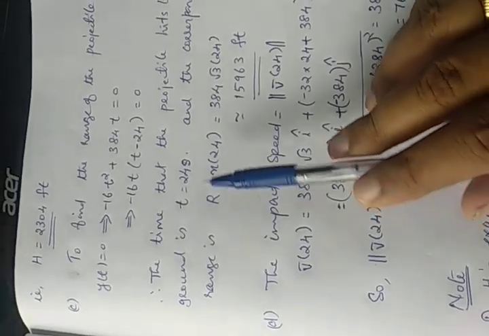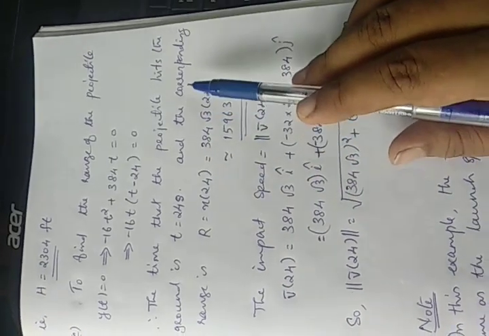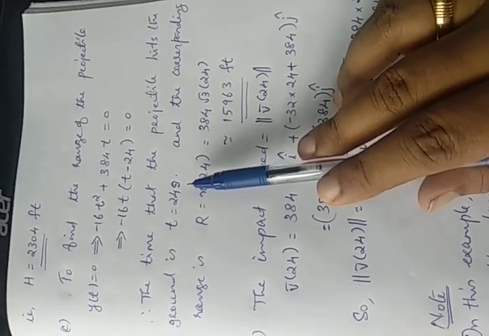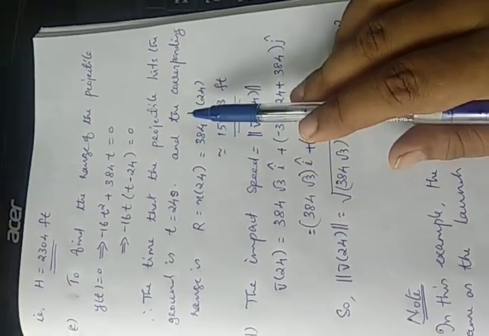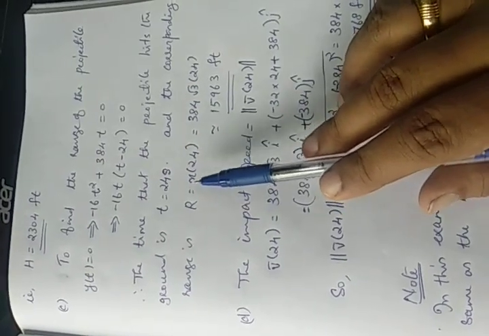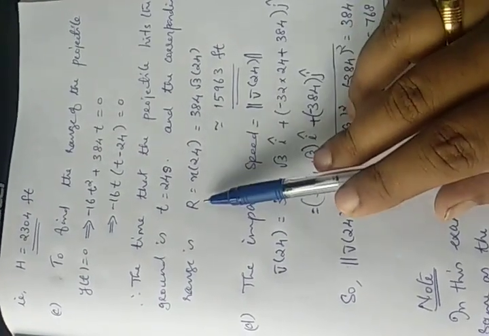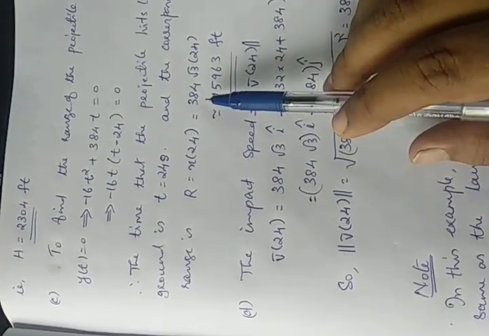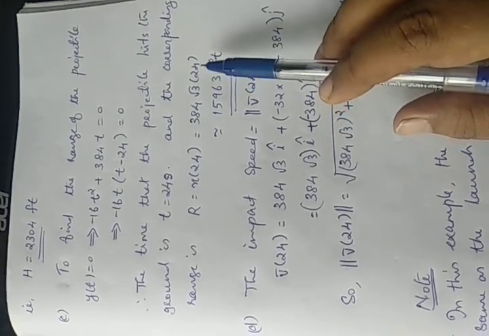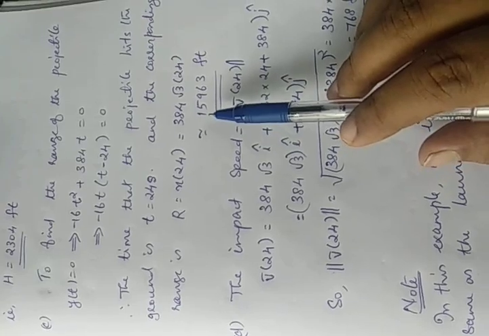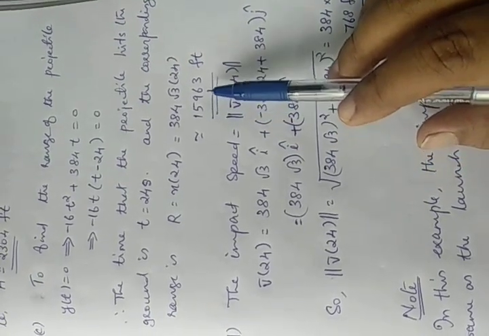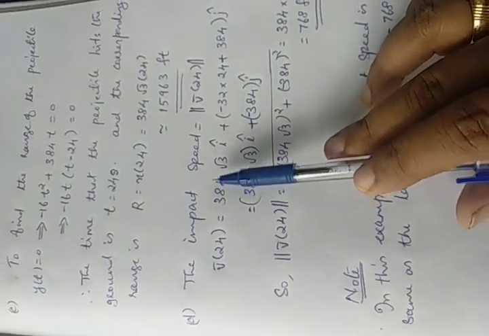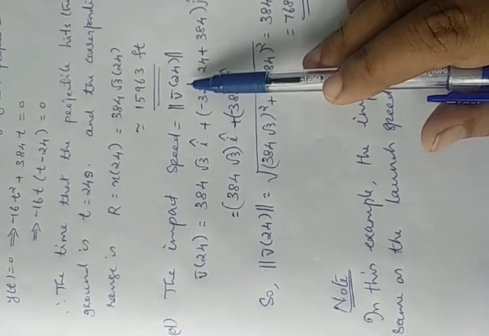So the time at which the projectile hits the ground after launching is t equal to 24 seconds, and the corresponding range is x of 24. We denote the range by R. So R is equal to x of 24, that is 384 root 3 times 24, which is approximately 15,963 feet.